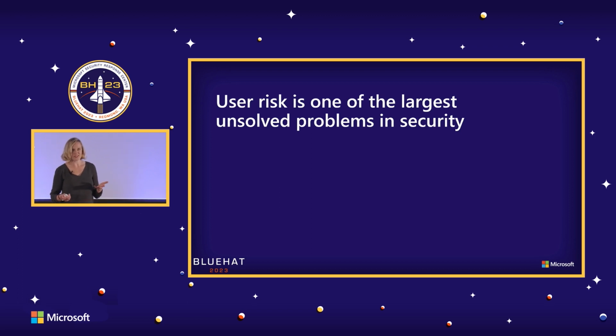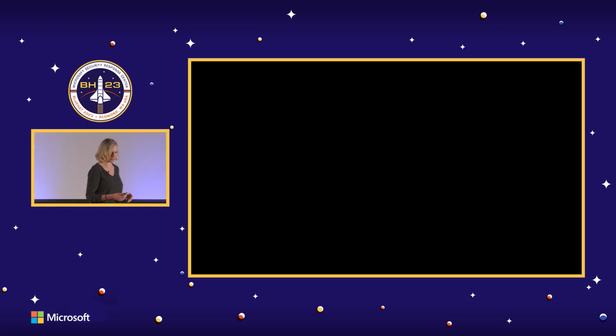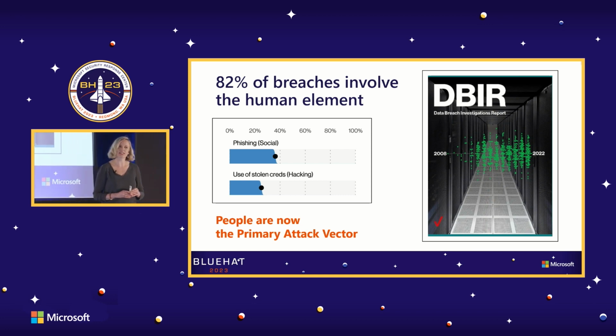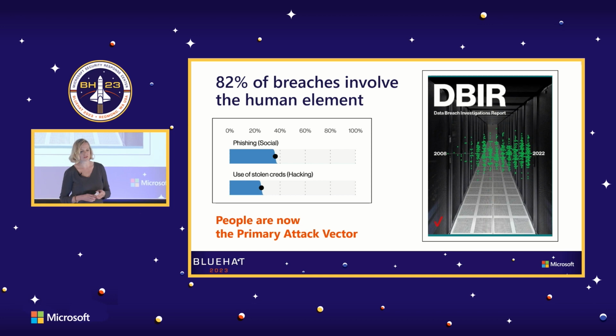So we understand this is a big problem, but I wanted to just unpack exactly how big of a problem it is. According to the Verizon Data Breach Report of this last year, 82% of all the incidents that they looked at were rooted in the human element. 82%. Almost 40% of those were phishing, and about 24% used social attacks, so hacking of stolen credentials.